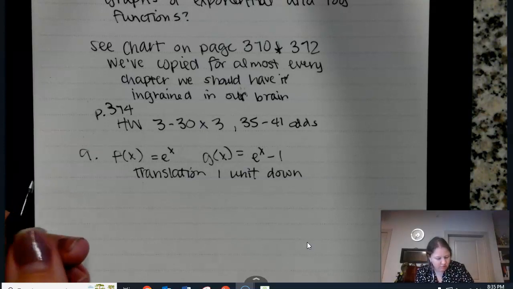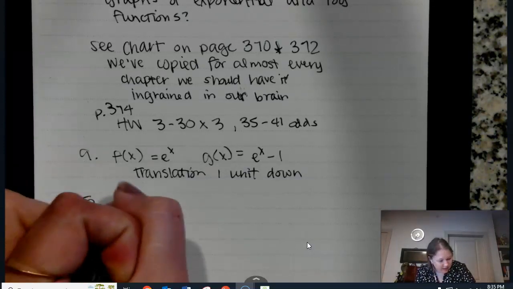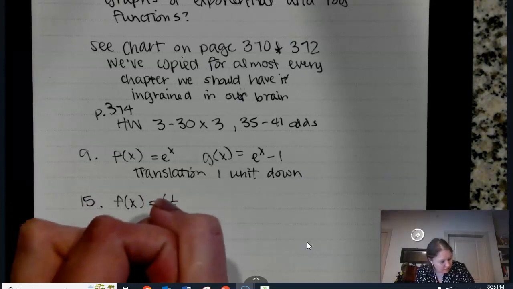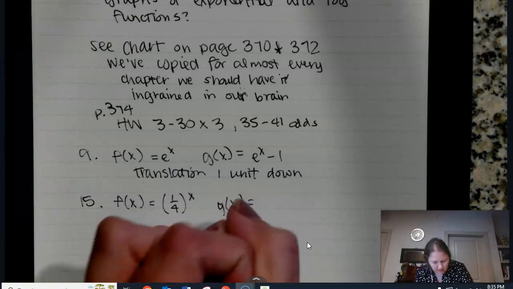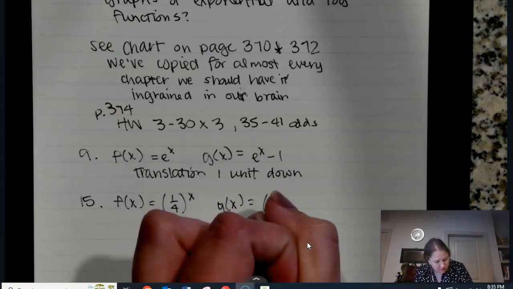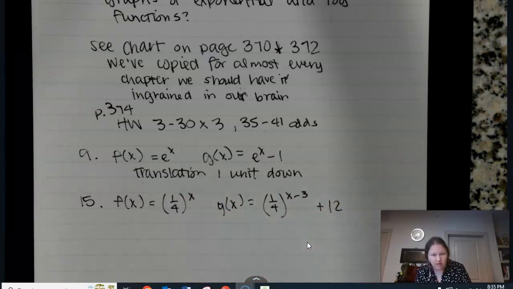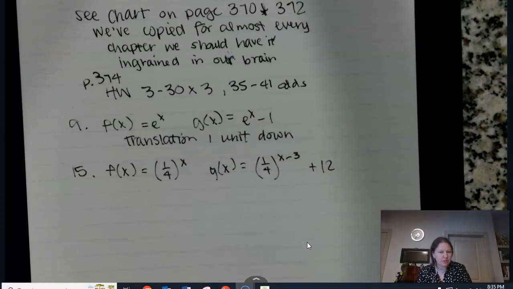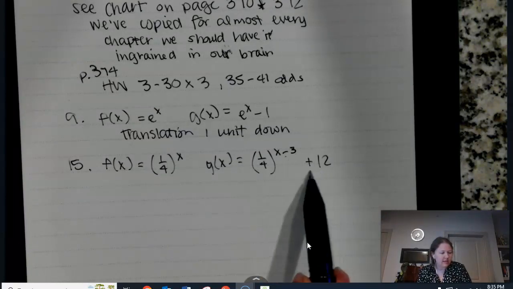15 could be complicated. So 15, you have f of x equals 1/4 x, and g of x is 1/4 x minus 3 plus 12. So remember, I'm just talking about the transformations. So from this to this, it's the minus 3 and the plus 12.